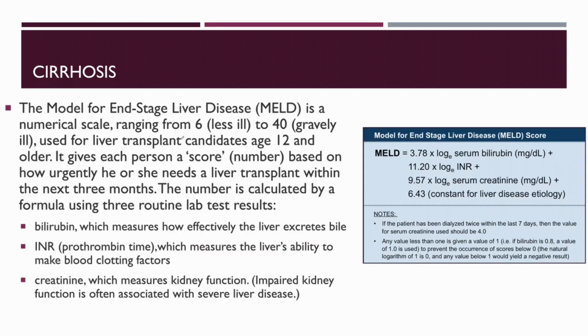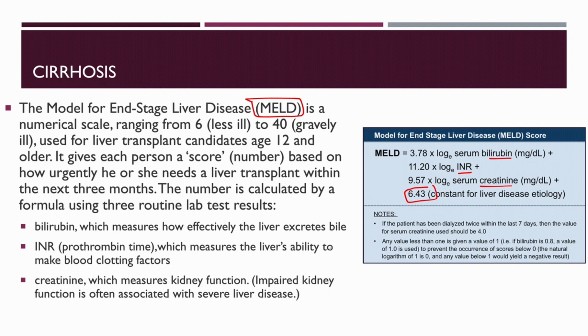Like we mentioned before, the model for end-stage liver disease, or the MELD score, is the score that we use to prioritize transplantation candidates. And so we use lots of different calculations here, including bilirubin, INR, creatinine, and then there's a constant. And we add all that together, and it gives us a numeric value.